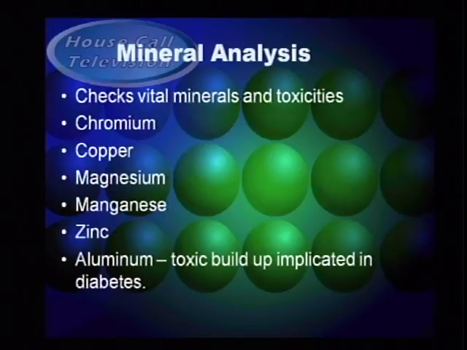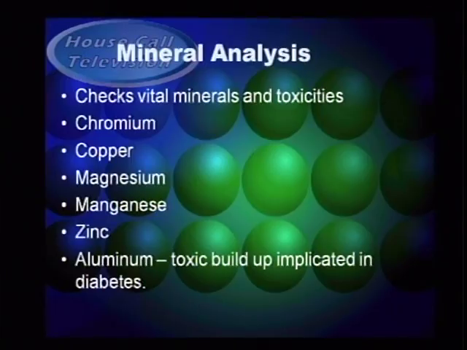Yes, glucose or insulin insensitivity or hyperglycemia can change what's going on with your minerals. So we want to check the vital minerals and toxicities that may be there. So we're looking at chromium and copper and magnesium, manganese, zinc, aluminum.